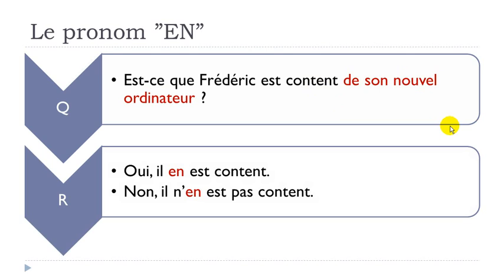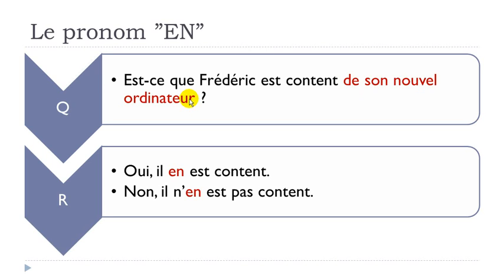All right, so it's exactly the same concept. You could answer, I mean, you could make a long answer reusing every object or everything in the question, but then in that case we'll try to go a bit faster, and so we don't want, of course, to repeat de son nouvel ordinateur here.